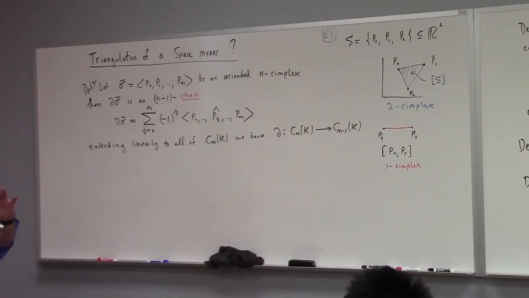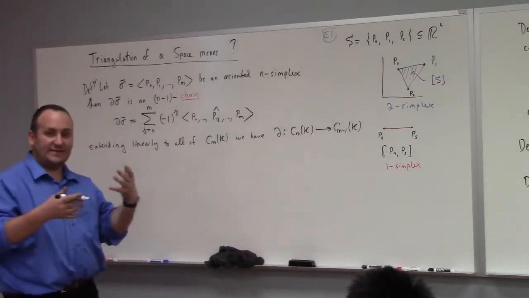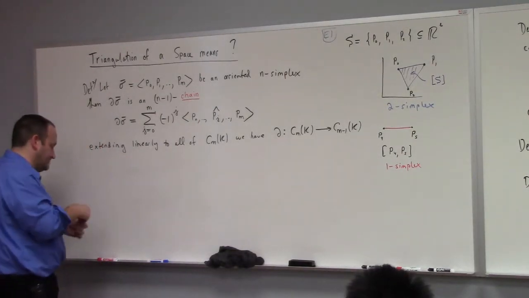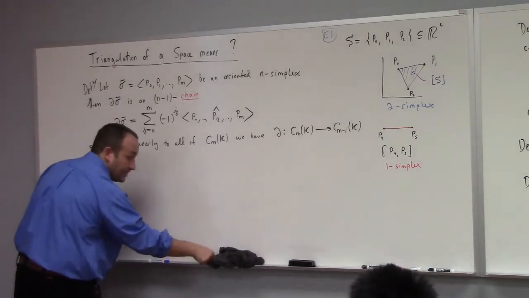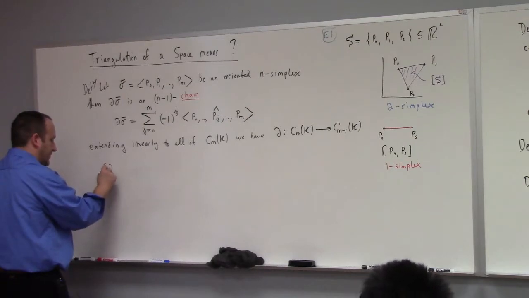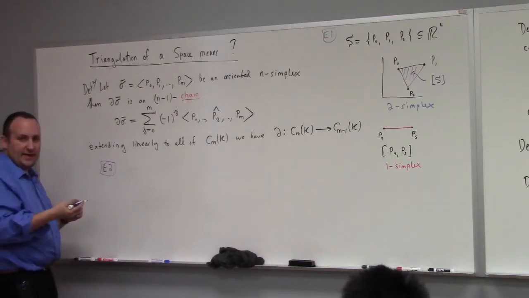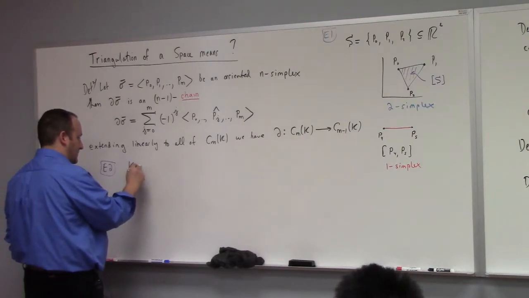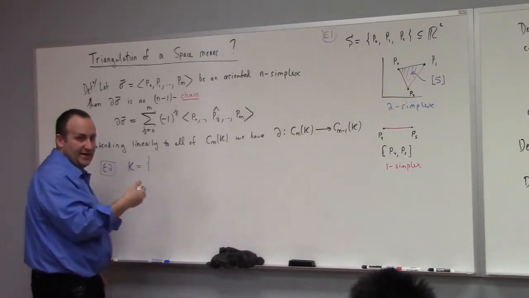Okay, so now let's look at some examples. When they say that the e_j has a hat on it, is it deleted? Yeah, let's actually look at an example here. So let K be essentially, I'm just going to draw it schematically.